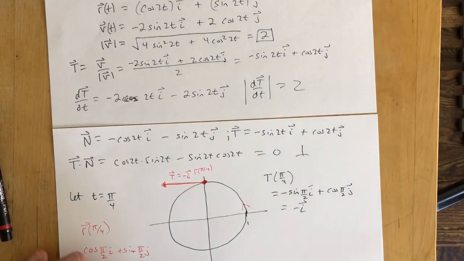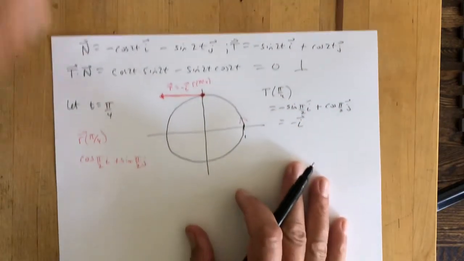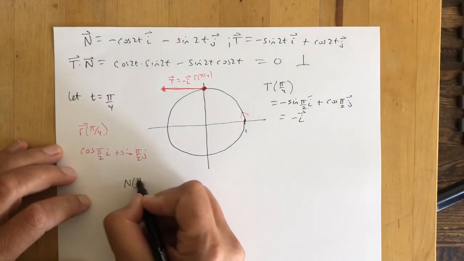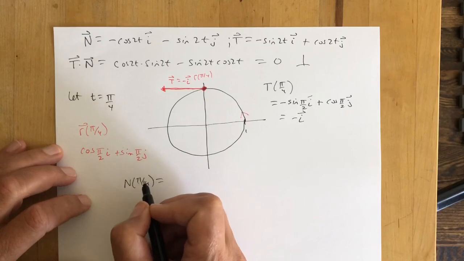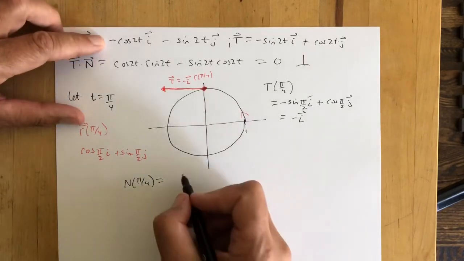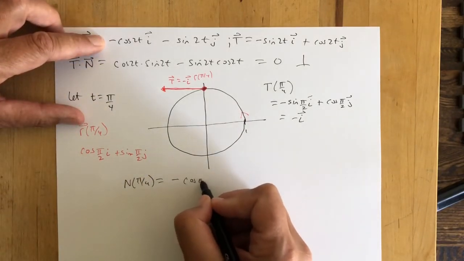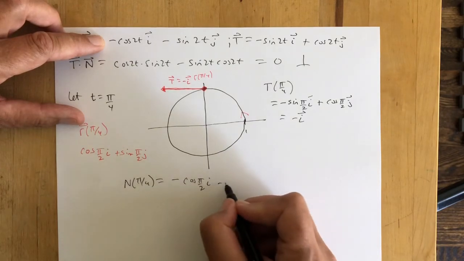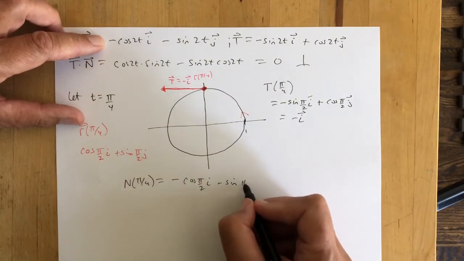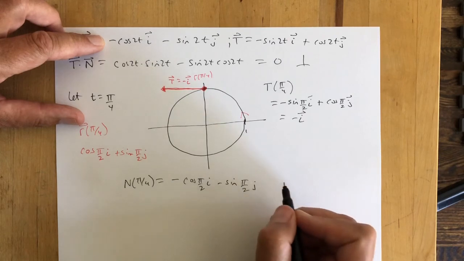And now let's find N of pi over 4. Where the hell is it? It's up here, which is minus cosine pi over 2 i minus sine pi over 2 j.